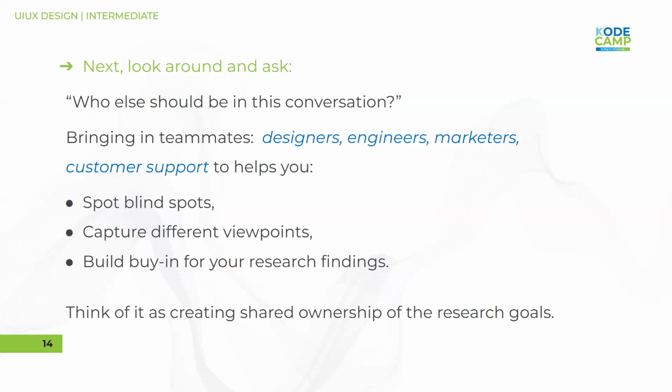Most times when you bring in these people, this is when questions are going to come up because there's going to be brainstorming, bodystorming, and what have you. Questions like, are there other products or user questions we should cover? Or could this research answer multiple teams' needs at once?